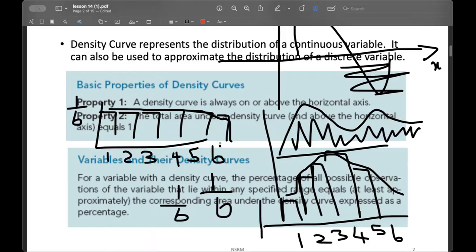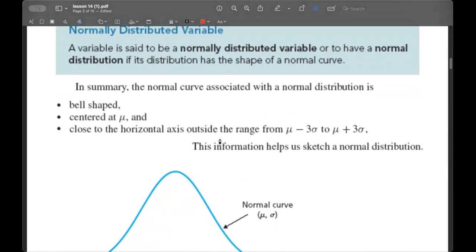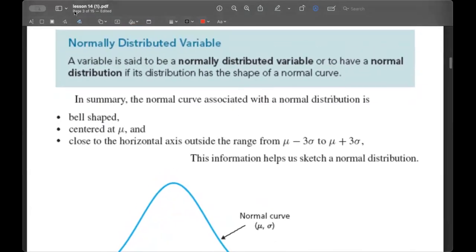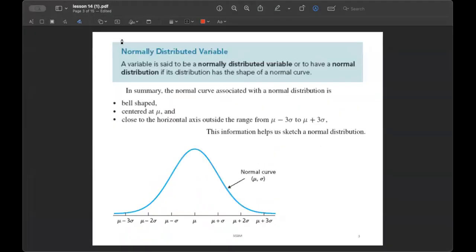Then what does the next part mean? Now they have given us a normally distributed variable. So what is a normally distributed variable? A variable is said to be normally distributed, or to have a normal distribution, if its distribution has the shape of a normal curve.